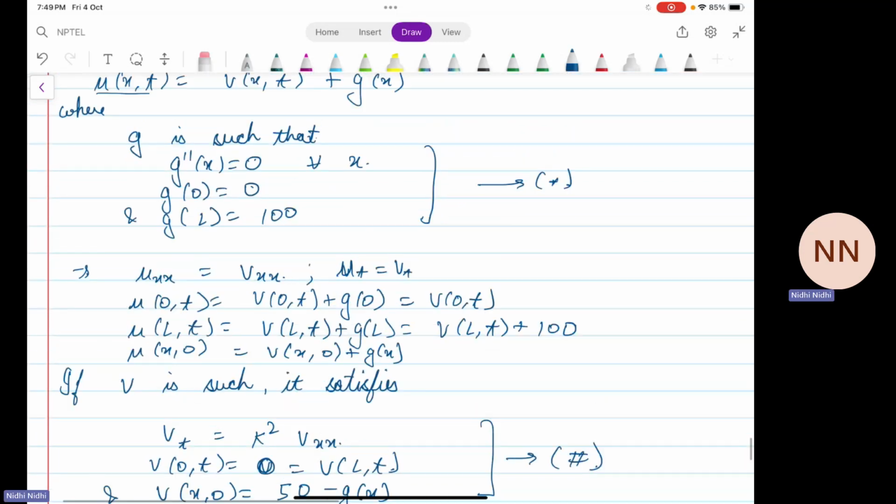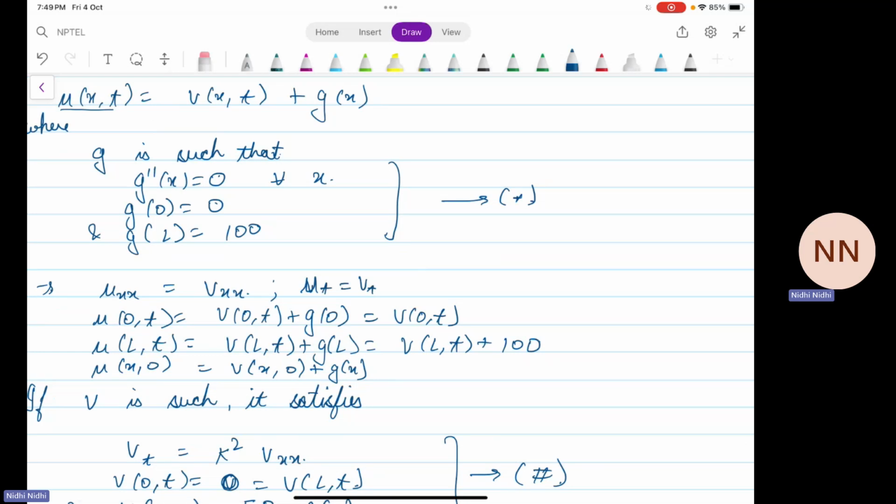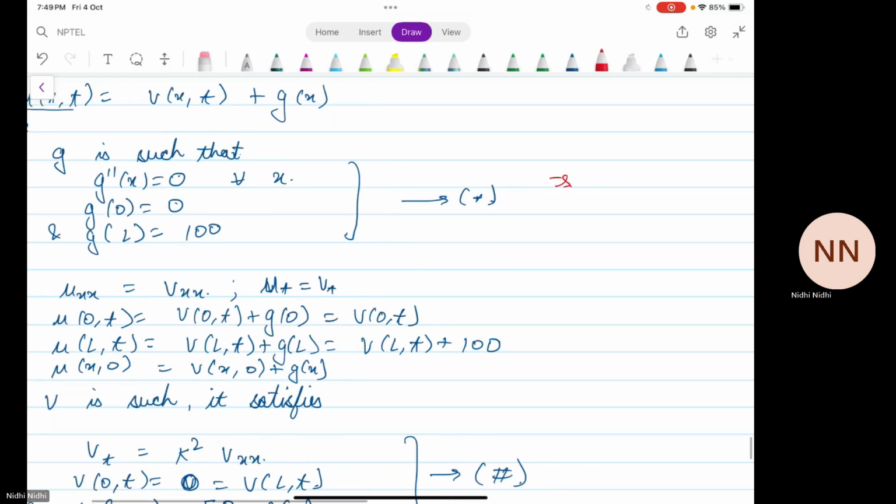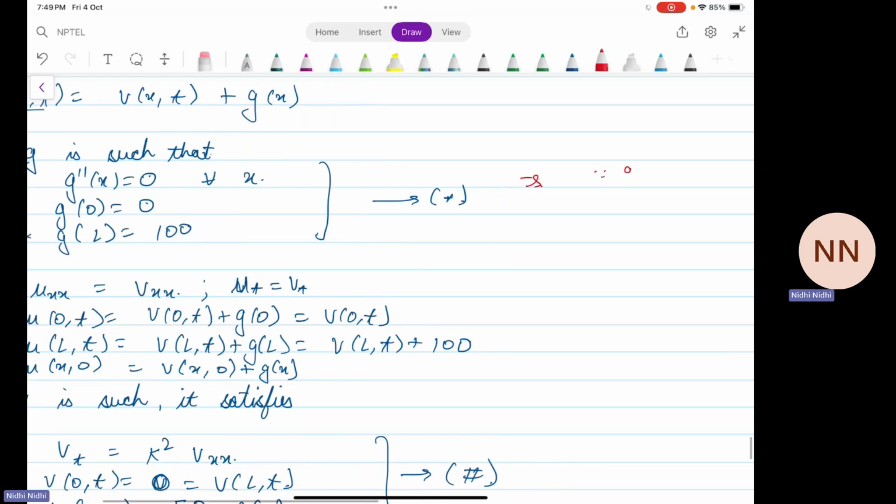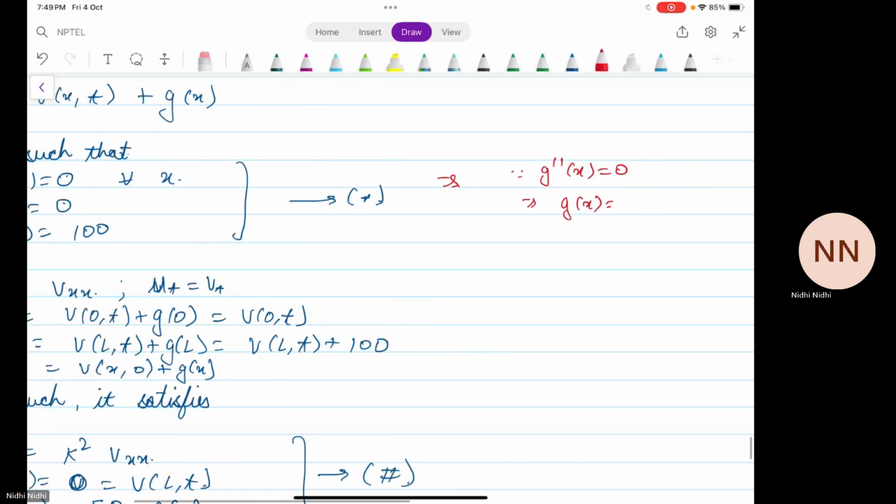So let's solve the system. Since G double dash x is 0, this gives us G(x) is nothing but C1 x plus C2. We have just integrated both the sides twice. Also we have G(0) is 0.